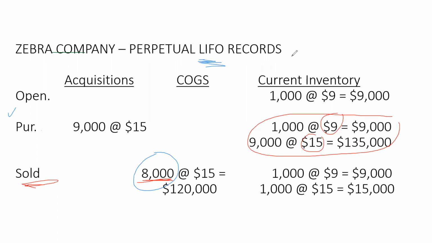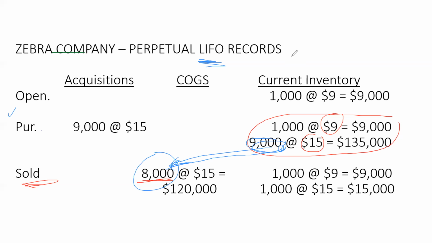So we always go to these ending units right here, and we say they're the ones that were sold. Now, we don't know that. This is an assumption. When you're talking about FIFO and LIFO, always remember this is an assumption. And the assumption under LIFO is that when you sell some, it's these last units that you move into cost of goods sold.